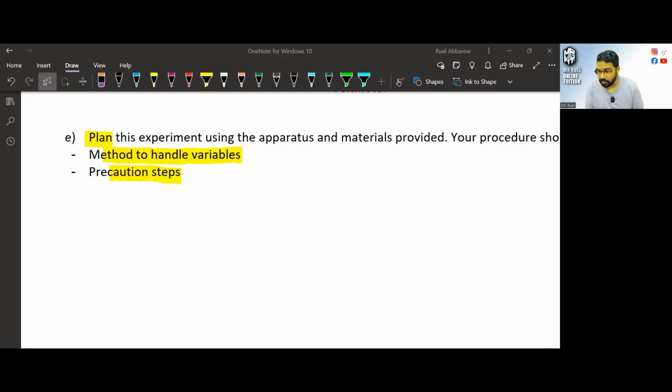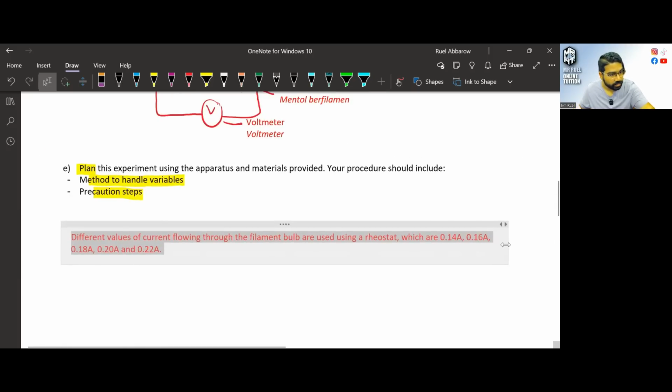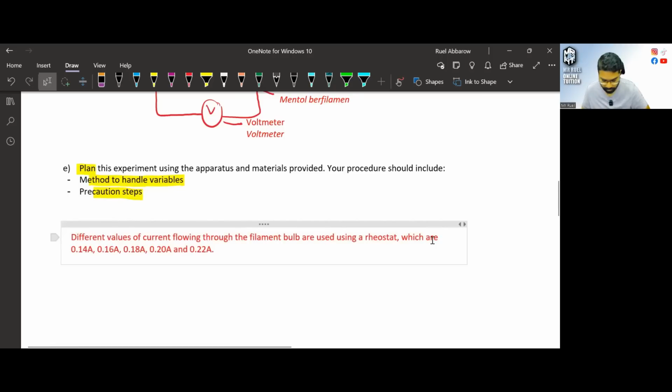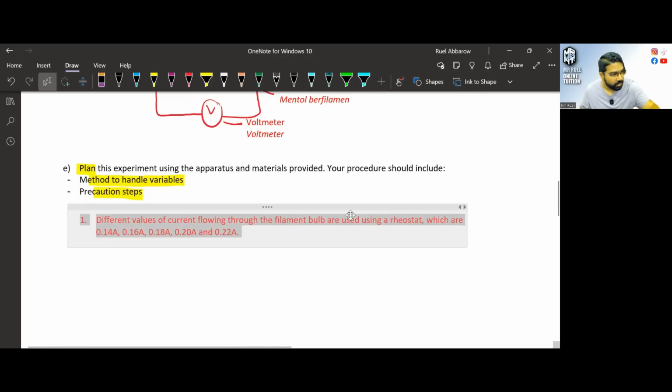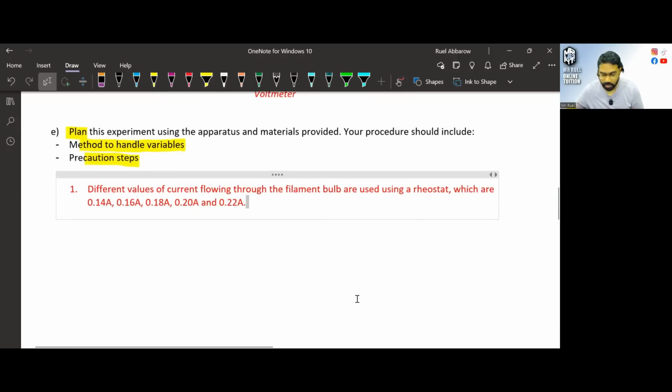We use a rheostat. Okay, let me give you my sample answer. Number 1, you just state different values of current flowing through the filament bulb are used.